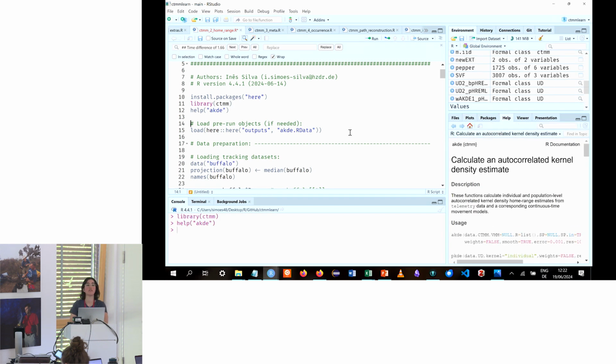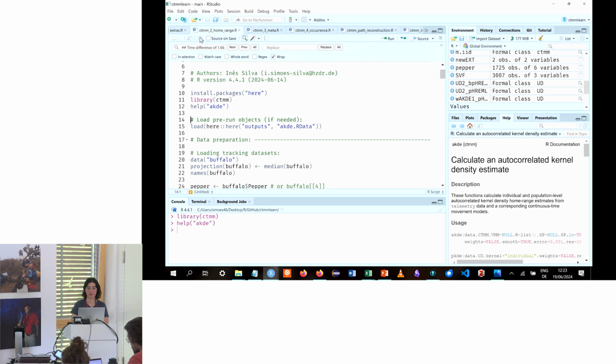Okay, so there's no such file or directory. Have you set the working directory for the CTMM folder? Yes, and it's not working?